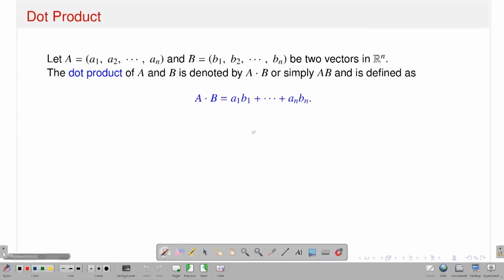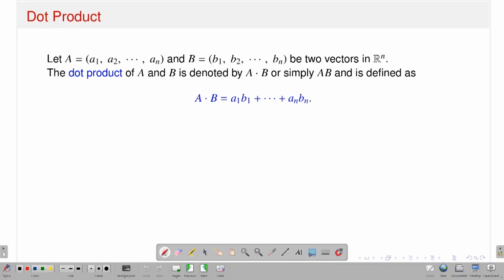Next, we want to define a multiplication operation between vectors, a product operation. The first one we are going to define is called the dot product. Let A equal A1, A2, ..., An and B equal B1, B2, ..., Bn be two vectors in Rn.